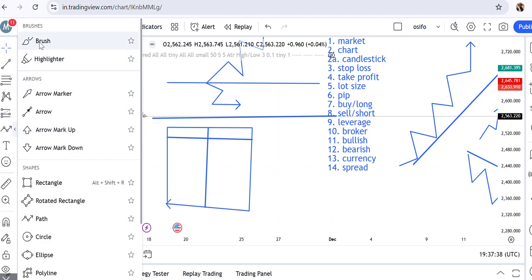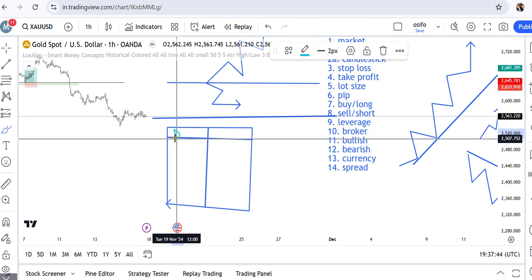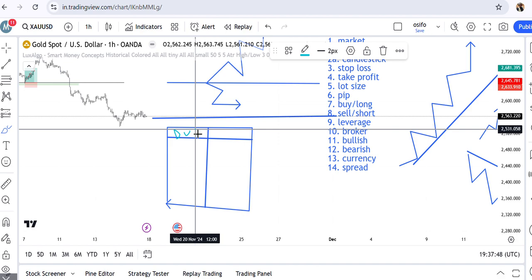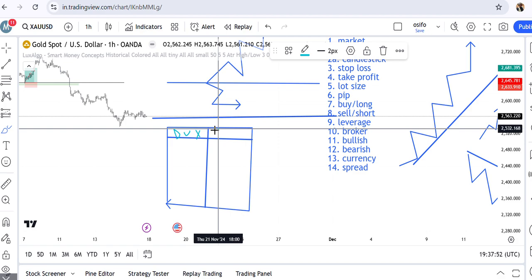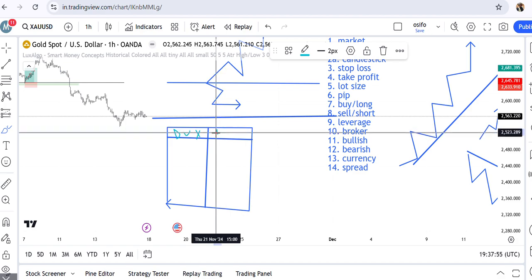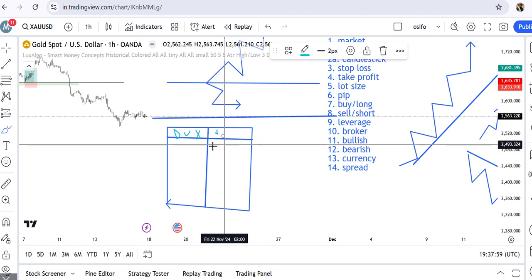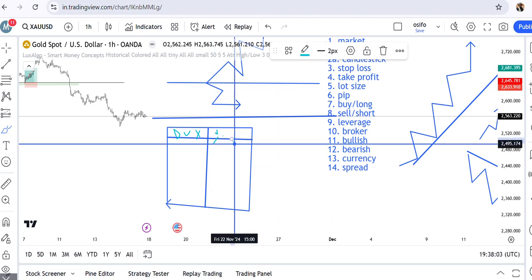So it's something like, buy here, then you see sell here. I'm not able to do this well.